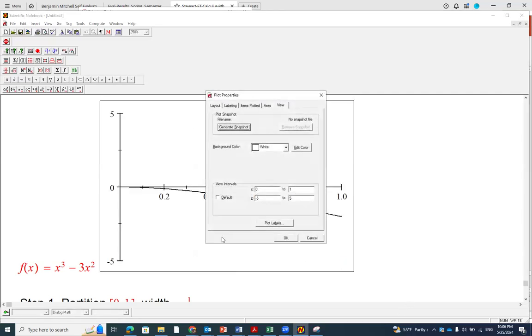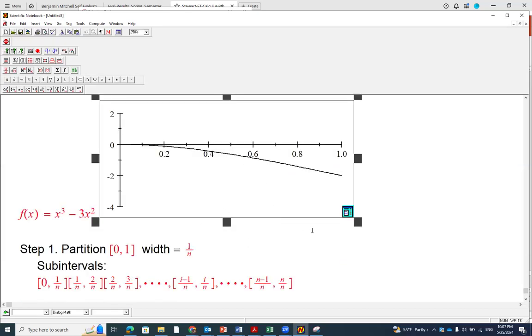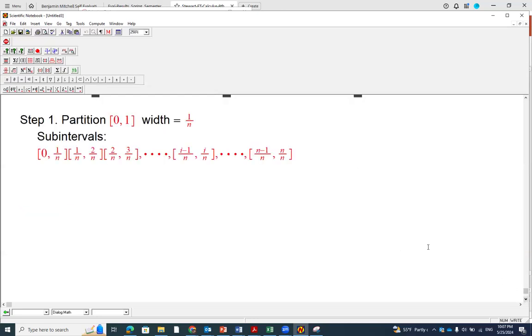Oh, this is just so ugly. Maybe set up to 2, and this is -4. Okay, so it's not a very pretty picture as I wished for, but it doesn't matter. Okay, so we can just not worry about that picture.